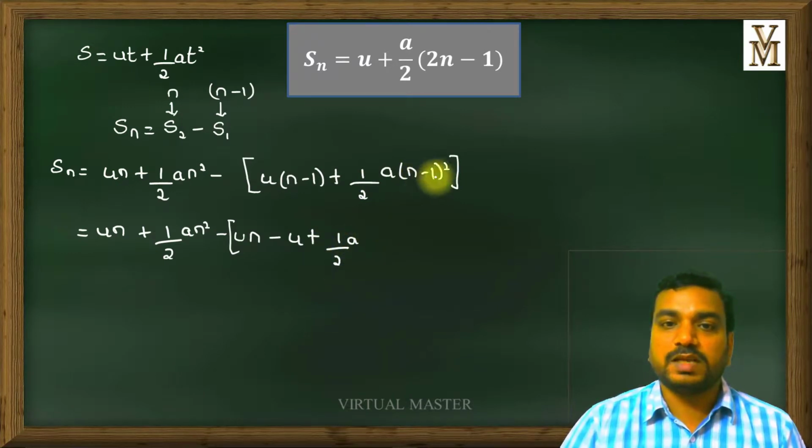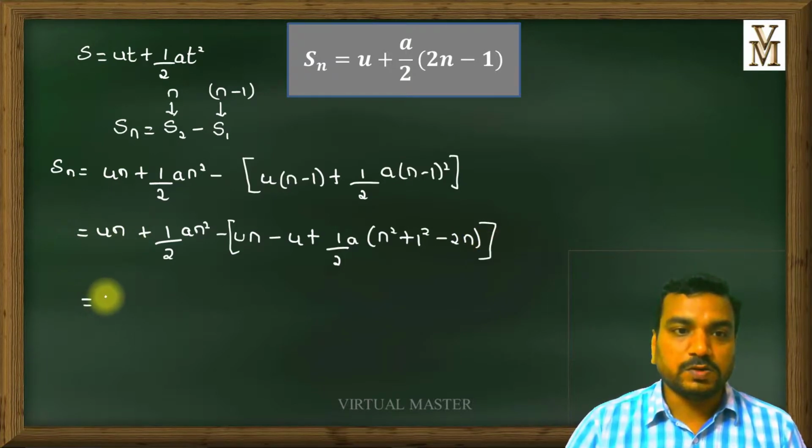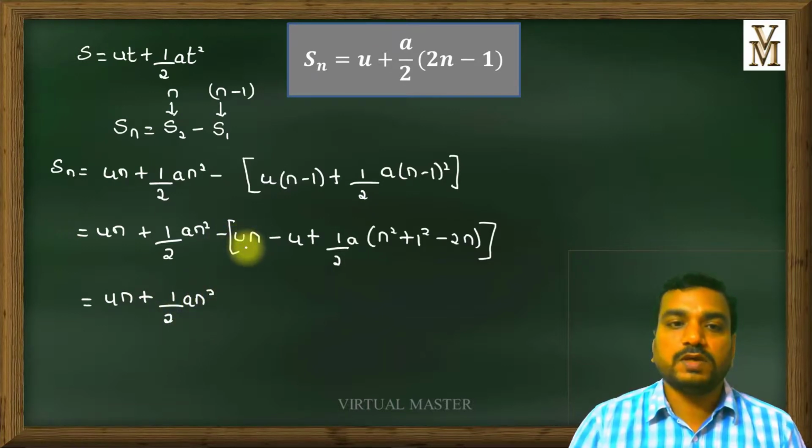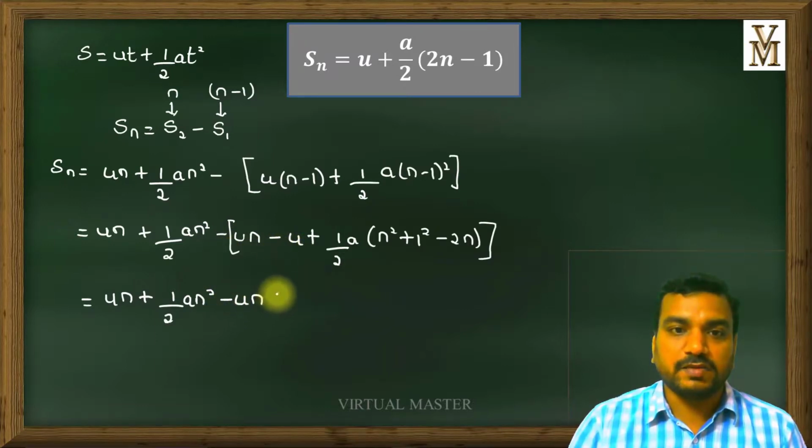let us expand this n minus 1 whole square. It will be equal to n square plus 1 square minus 2n. So it will be equal to un plus half an square minus un, minus into minus will be plus, right? I will write this as plus u. Minus into plus, it will be minus half into a into n square plus 1 minus 2n.